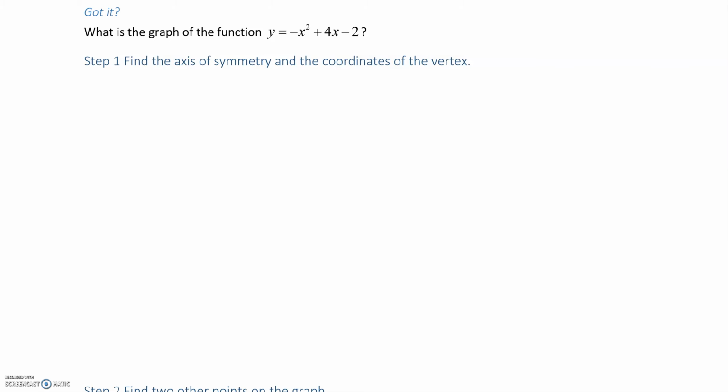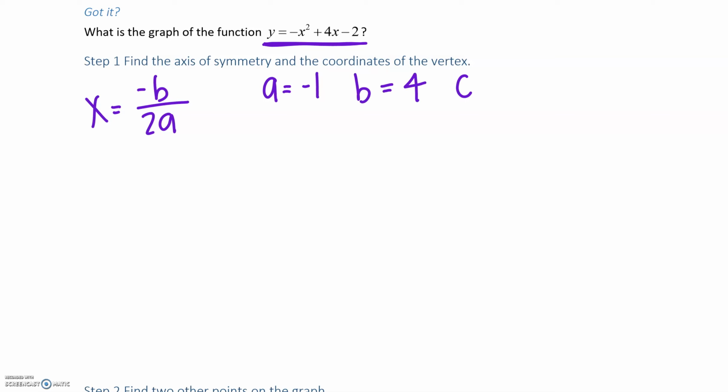Okay, so for this one, we're looking at this function right here. We know that for our axis of symmetry, we have x equals -b over 2a. And we know for this function, we have a equals -1, b equals 4, and c equals -2.